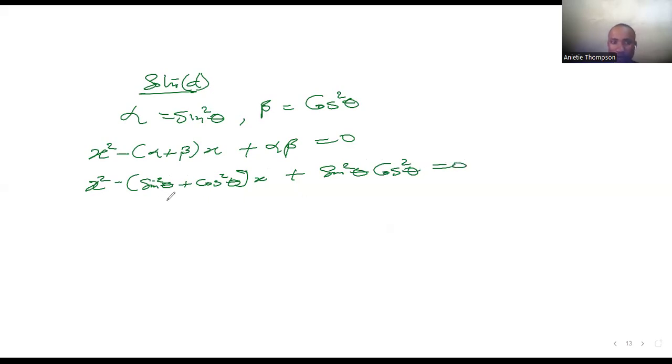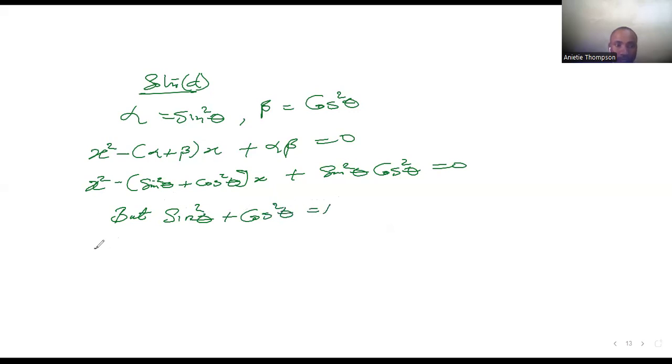From trigonometric identity, which I will prove in our subsequent classes, you will see that this equals 1. So sine square theta plus cos square theta is equal to 1.